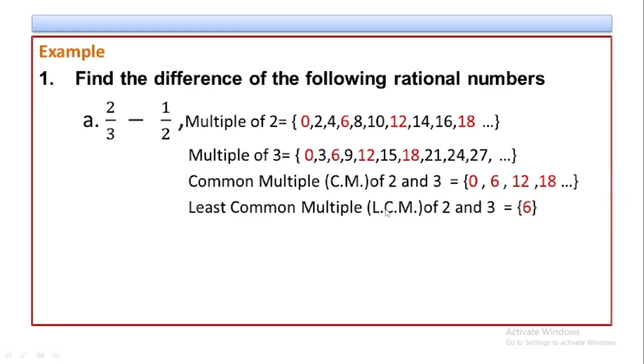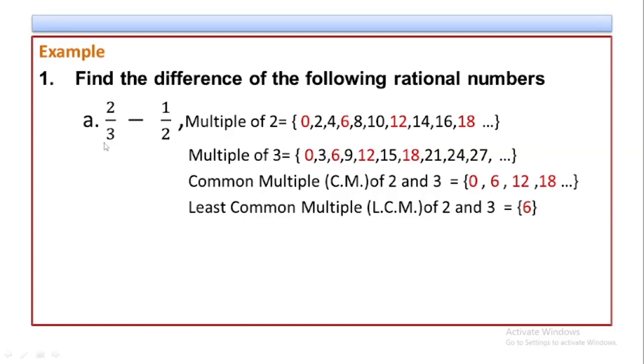So we can determine the common multiples of 2 and 3 like this, just by selecting the numbers in red. So finally the least common multiple for 2 and 3 is 6. 0 is common, but according to the rule 0 cannot be the least common multiple of a number, so we cancel that and take the least one, which is 6.